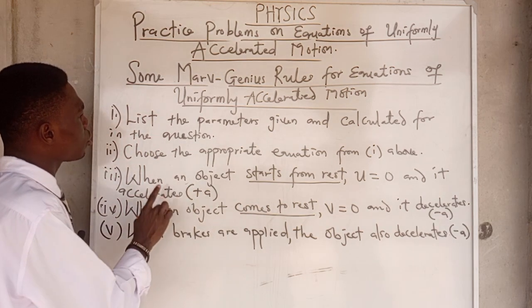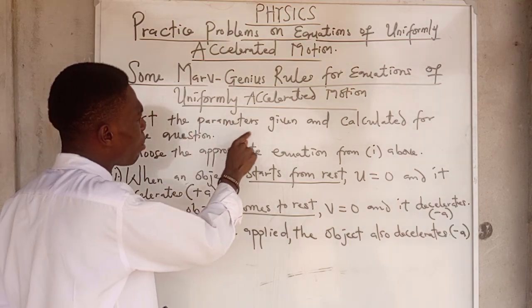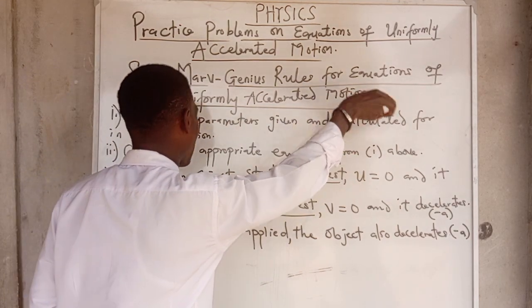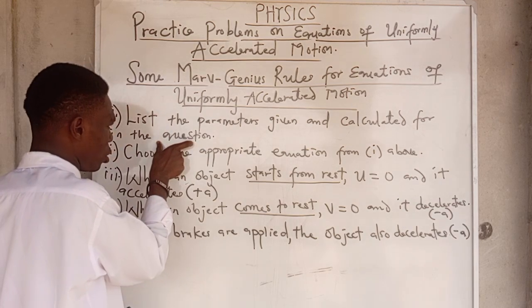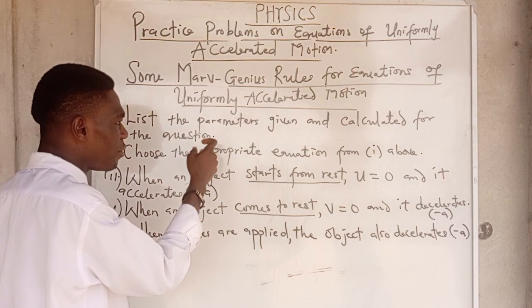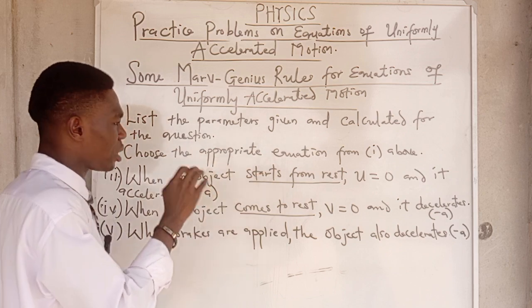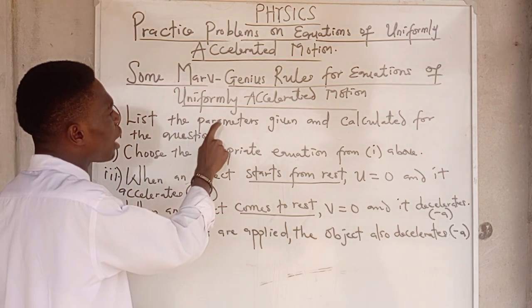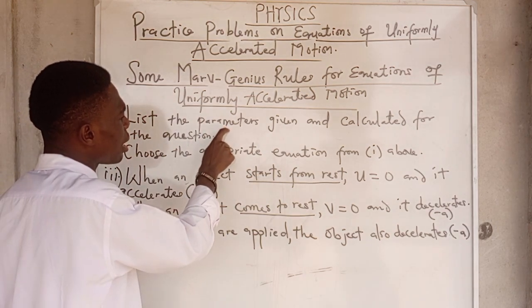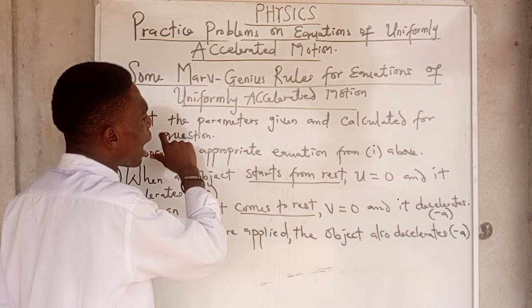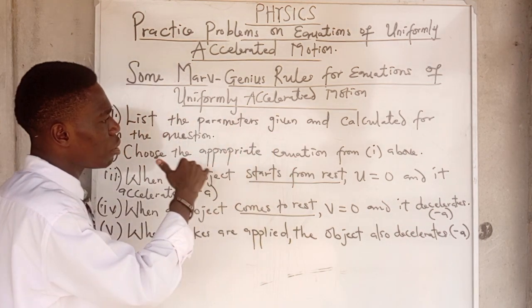Now, the first thing you have to note is that you have to list the parameters given to you and the ones that you are asked to calculate for in the question. So you just go like, given. All right, you're writing out the parameters given, you are given this, you are given that. Are we together now? And please, in listing these out, make sure that all the units are homogeneous, or let me say all the units are the same.